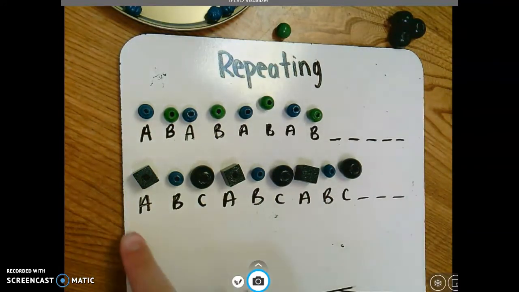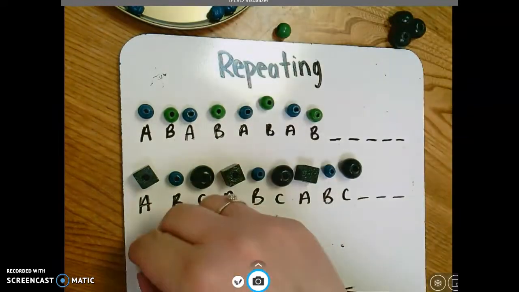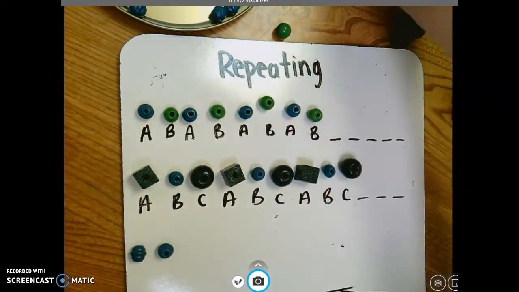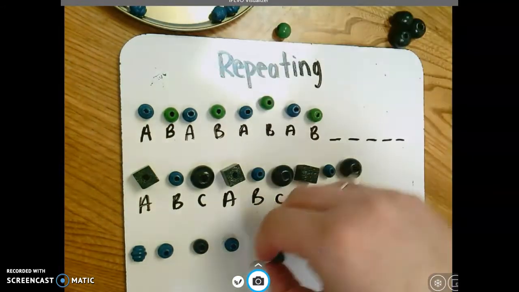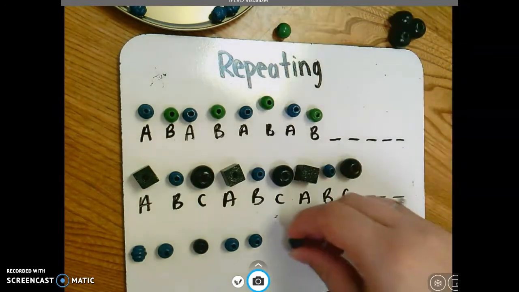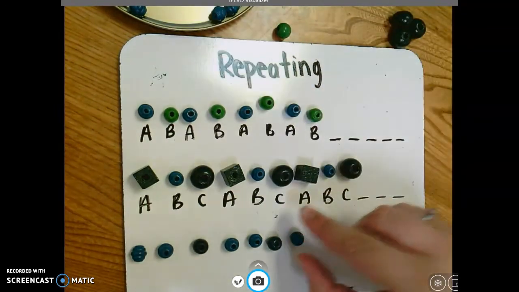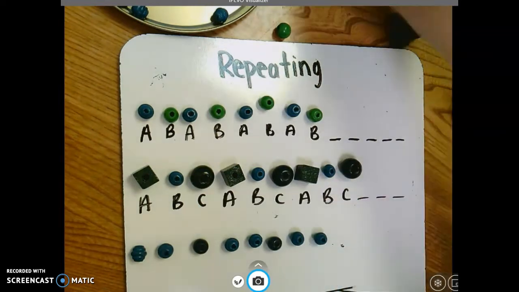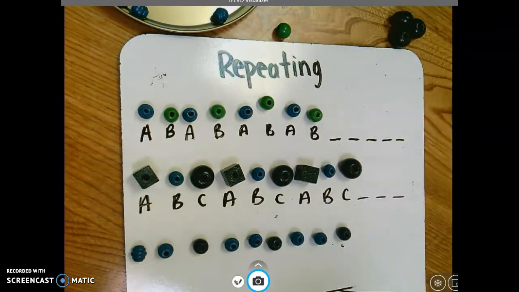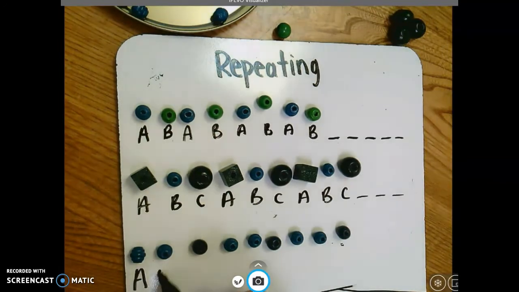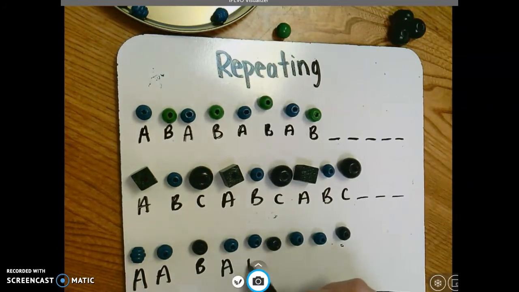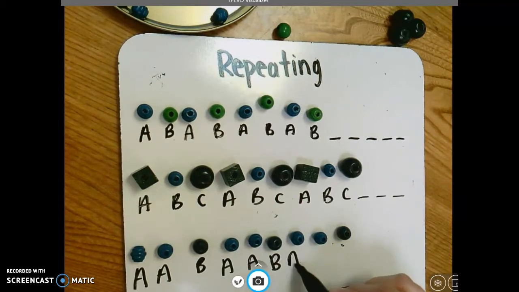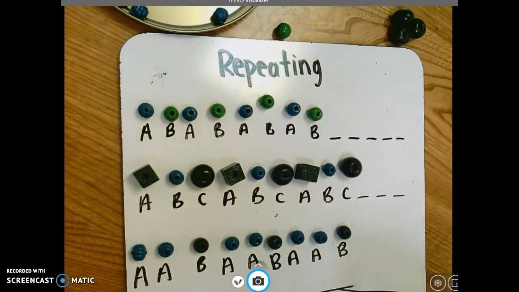Sometimes we might have elements within this repeat, so it might look like this. This would be another grade 1 example, because it is going to have 2 elements. So this one we would call an A-B pattern, because we've got 2 A beads and then a B bead. 2 A's and a B. 2 A's and a B.